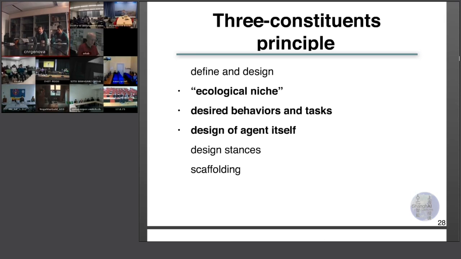When designing an agent, and if you think of the ant moving on the beach, this should be clear, we need to consider the ecological niche, meaning the environment where this agent is going to act. It's not the same if you have an ant the dimensions of an ant, or an ant the dimension of a skyscraper. So you cannot design the control in the same way.